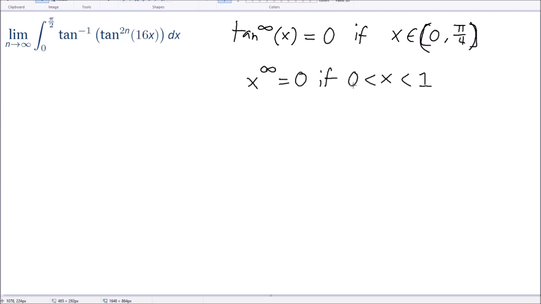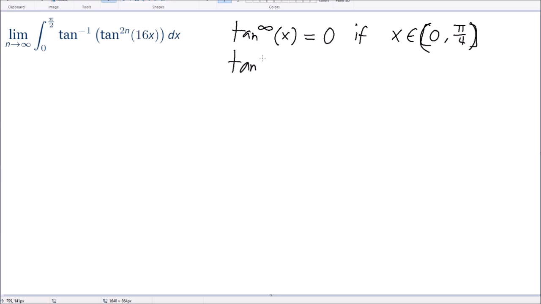for this to equal 0 between 0 and 1, we put it in terms of tangent x. Whenever tangent x is between 0 and 1, in this case here, 0 to pi over 4. Okay? So now we have that. But then, what if it's anywhere else?